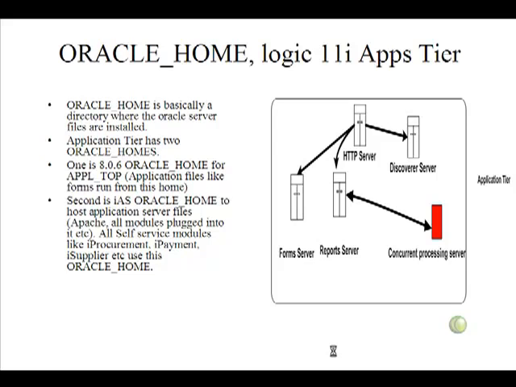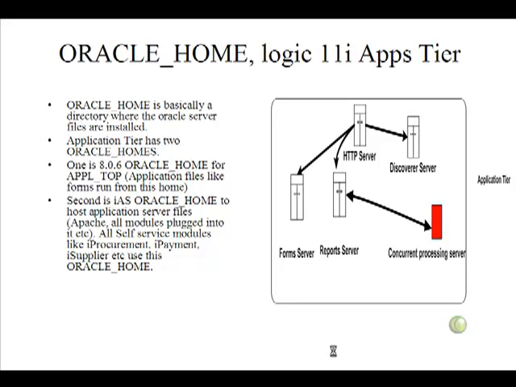For example, if you have a 2-node install where the concurrent processing tier is in the backend, it is the second tier. The first tier is your forms and Apache. The second tier is your concurrent processing tier. In the concurrent processing tier, there is no use of IAS Oracle Home, although it may be installed.